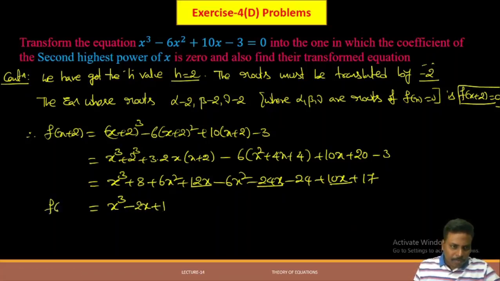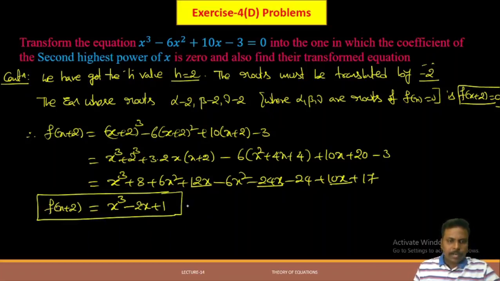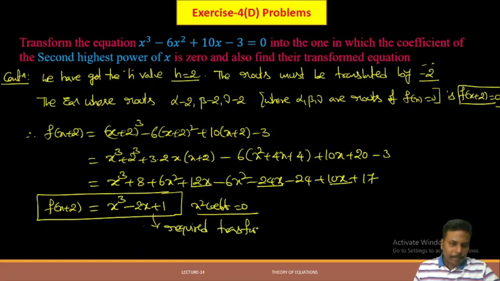So you can observe that the x square coefficient is 0 here, that is, the second highest power is 0. This is the required transformed equation.